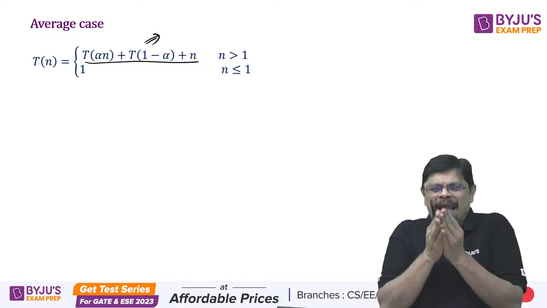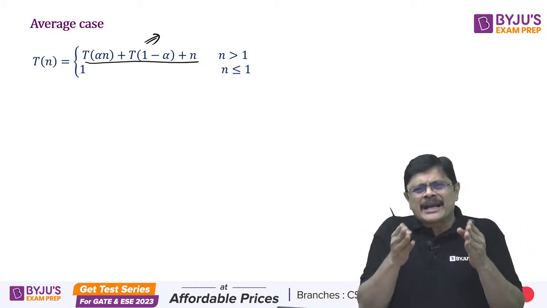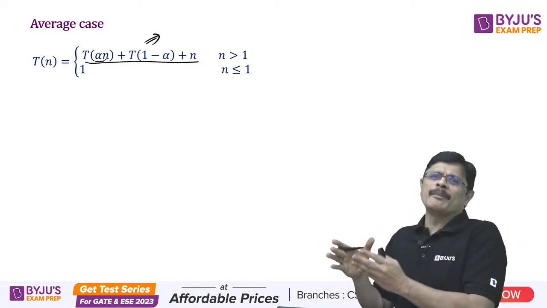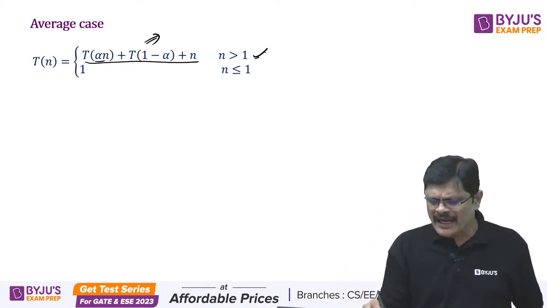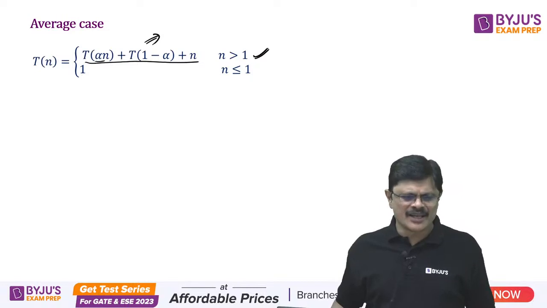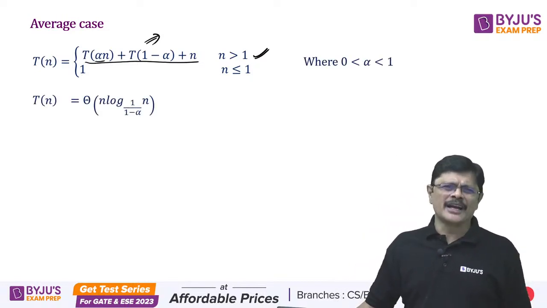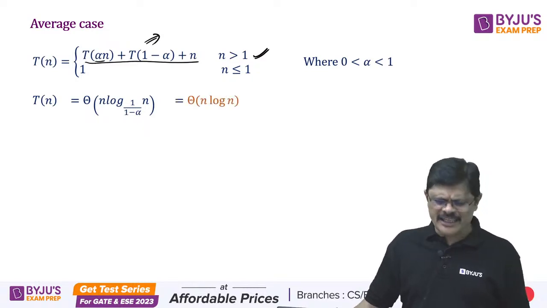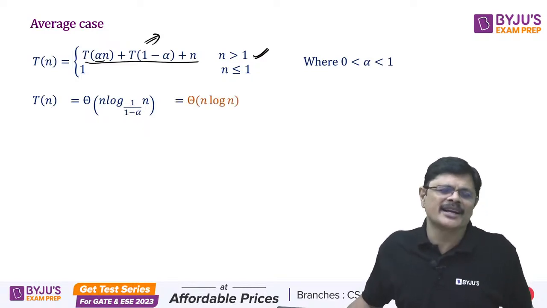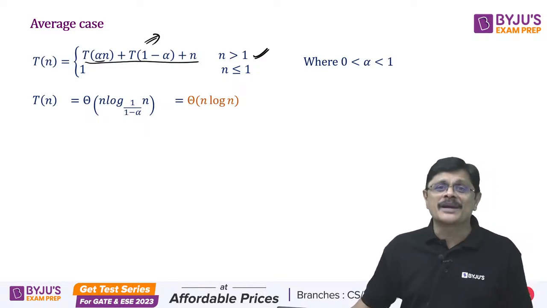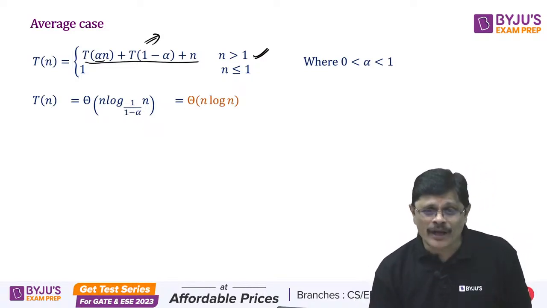It's not exactly a balanced split, but a general split may happen like alpha n on one side, 1 minus alpha n on the other side. But if you remember, I gave the time complexity for this. What is the time complexity for this? Theta n log n to the base 1 by 1 minus alpha, which is nothing but, the base of the logarithm does not matter, theta n log n. So on an average also, the quicksort time complexity would be theta n log n.